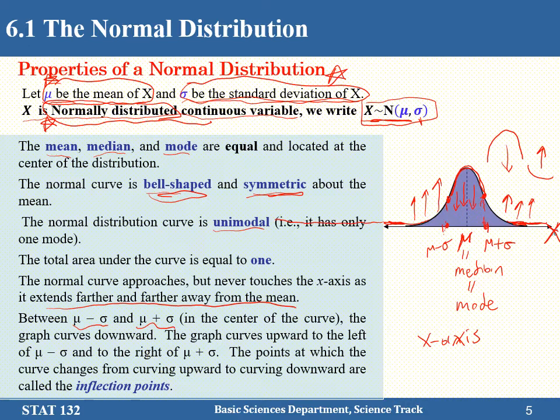But the important thing is that this change of behavior starts at mu minus sigma and mu plus sigma. The points at which the curve changes from curving upward to curving downward are called inflection points. In the next slide, you will see clearly what the inflection points are. We will show them.